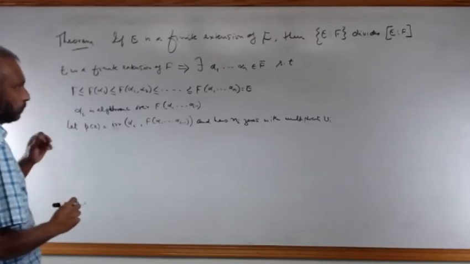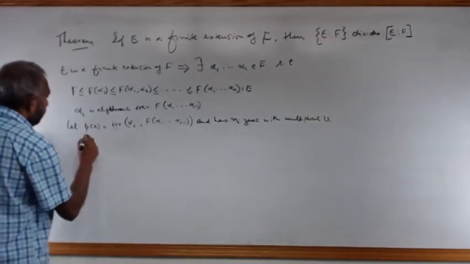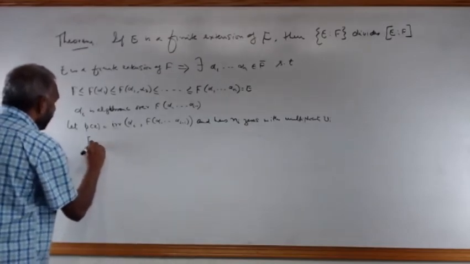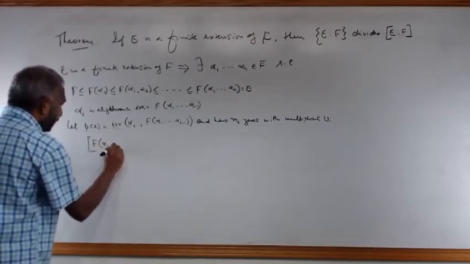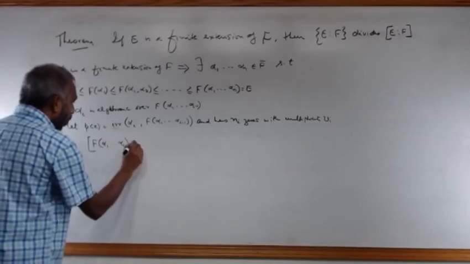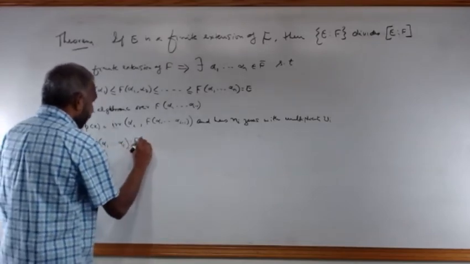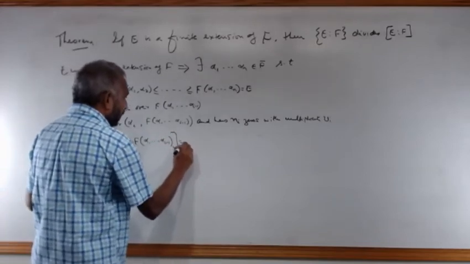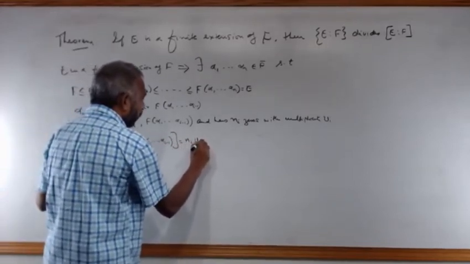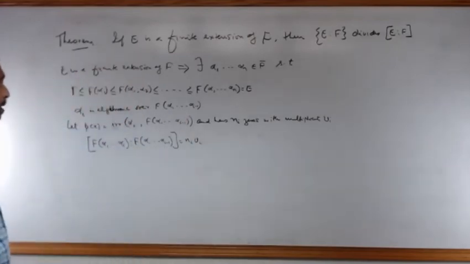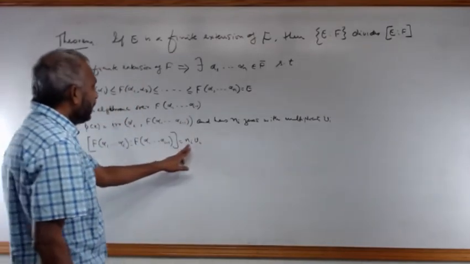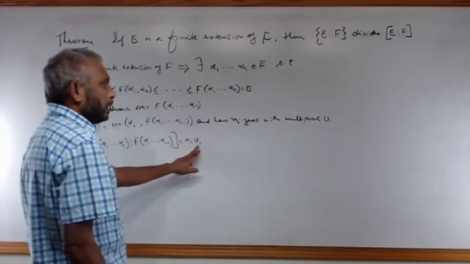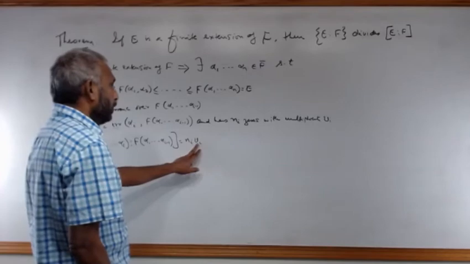Then the degree of F(alpha 1, ..., alpha i) over F(alpha 1, ..., alpha i minus 1) is equal to n_i v_i, because there are n_i zeros, and each of them has multiplicity v_i.